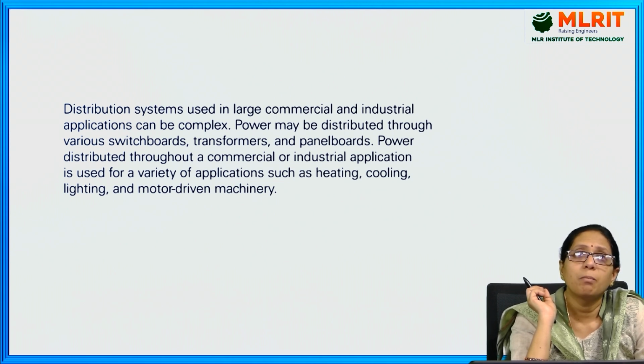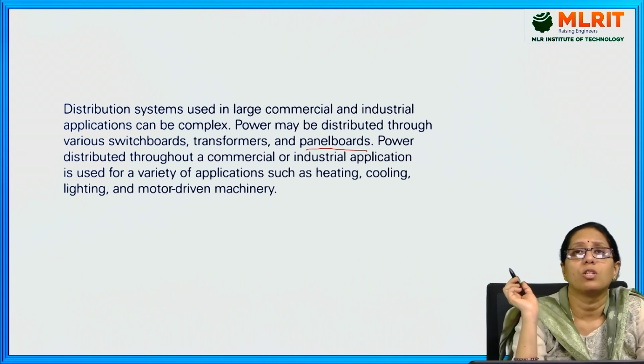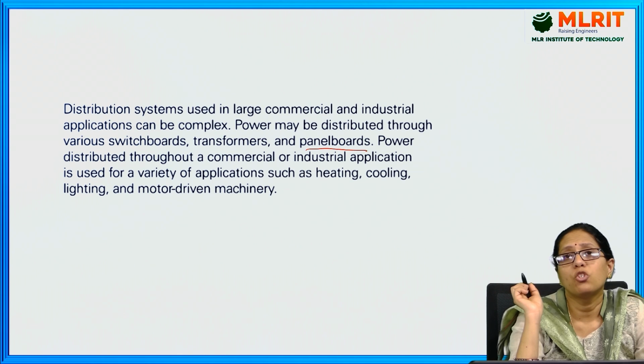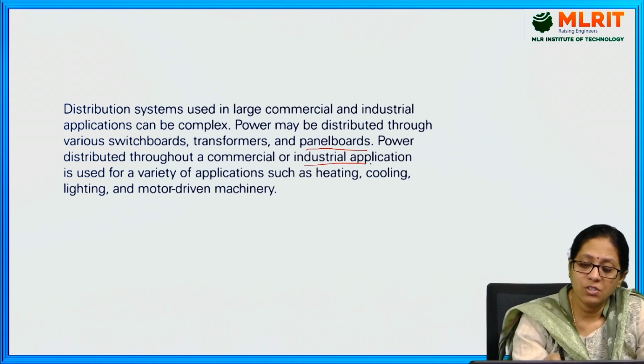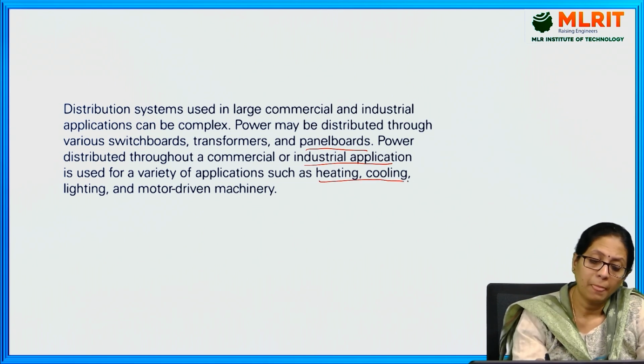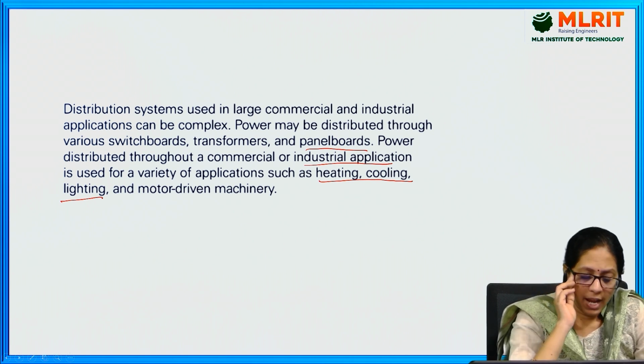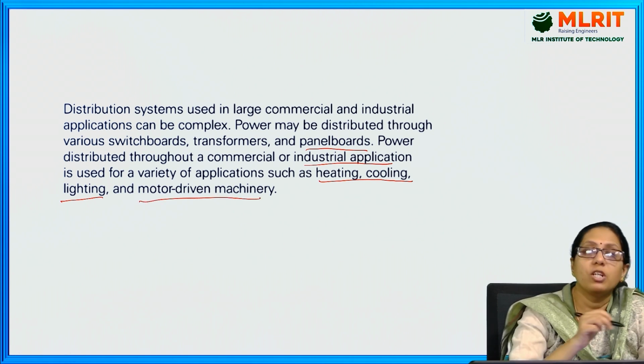So the power may be distributed through various switchboards, transformers or different panel boards also. The power distribution throughout a commercial as well as an industrial application is used for a variety of applications such as heating, cooling or lighting, and motor driven machinery also.